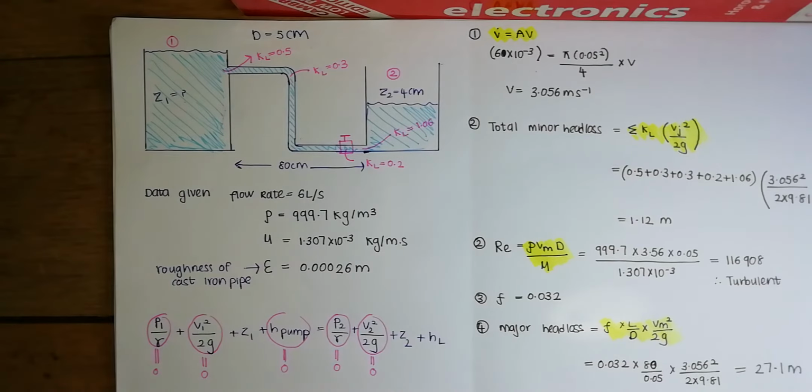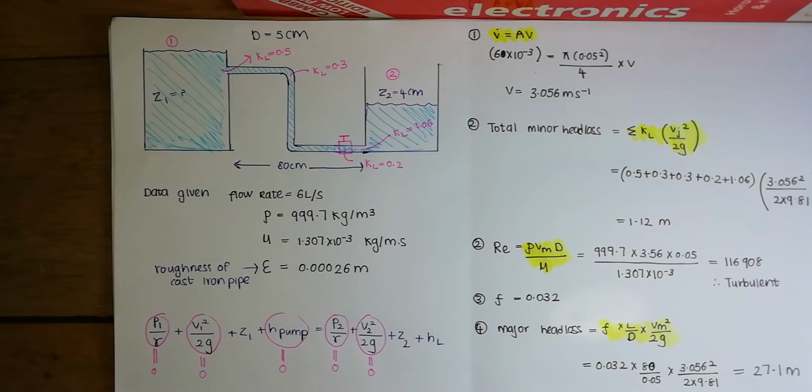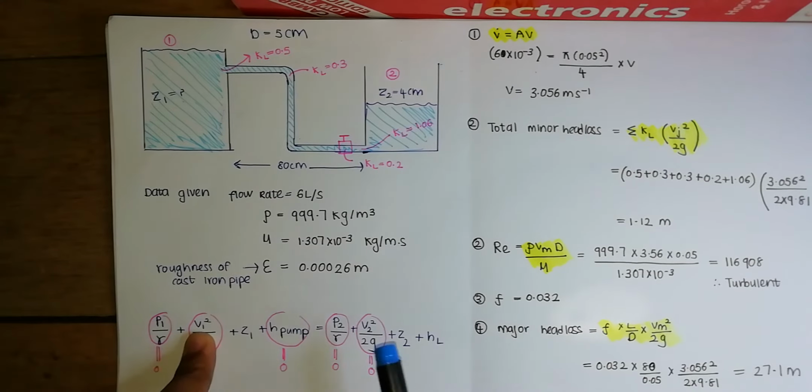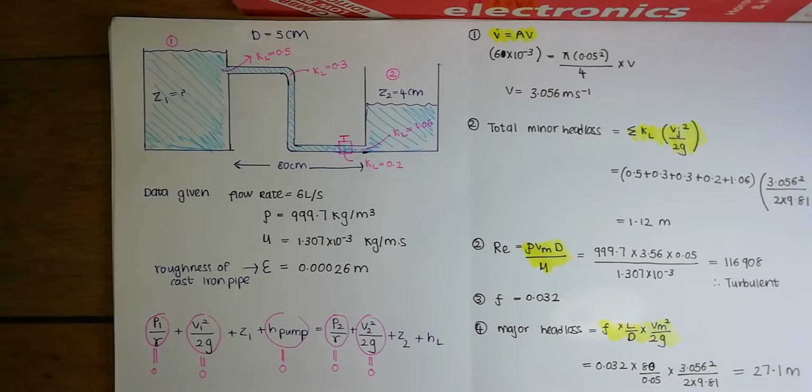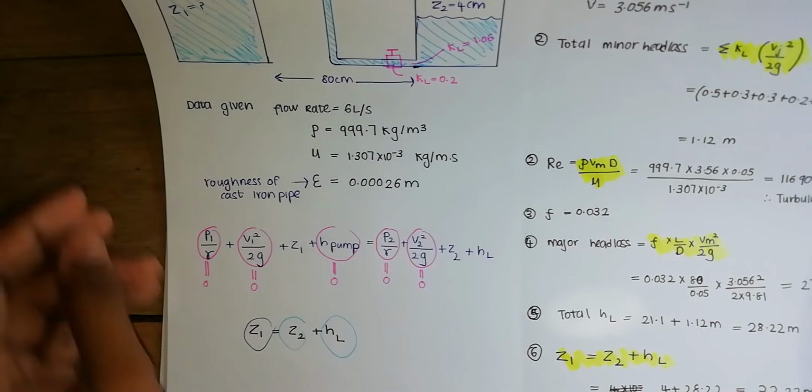Since the tanks are exposed to the atmosphere, the pressure P1 and pressure P2 will be 0. As a result, these two sections of the equation will be 0. And these velocities will be 0 as well. We will be left with the equation Z1 equals Z2 plus HL.